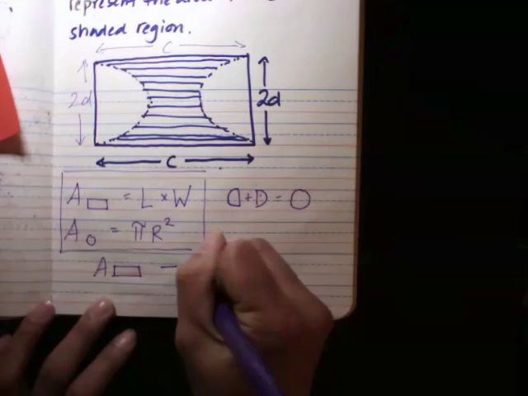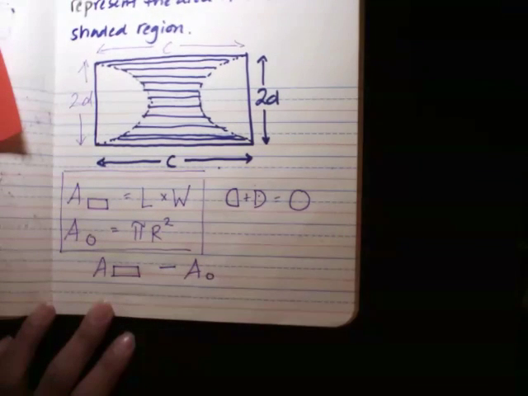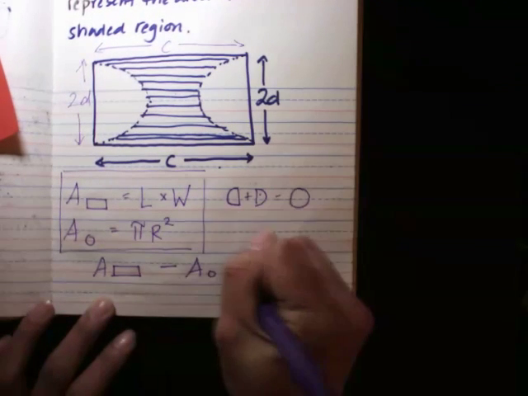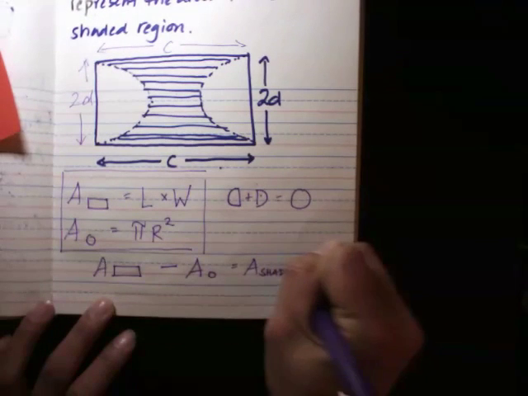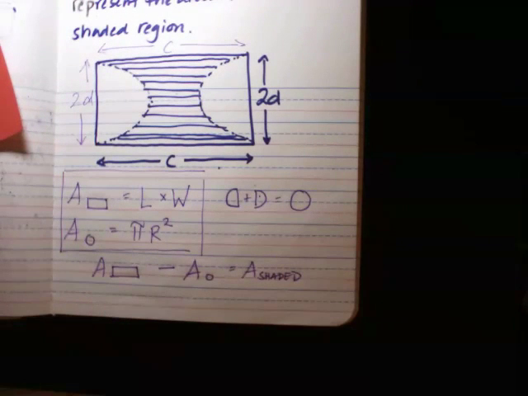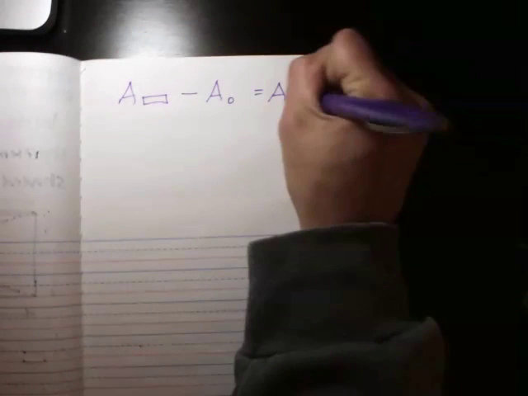So I'm going to subtract the area of the circle to get the area of the shaded region. Okay, so all we need to do now is fill in the missing pieces. And to do that, we go on the next page. So we had the area of a rectangle minus area of a circle will be area of the shaded.